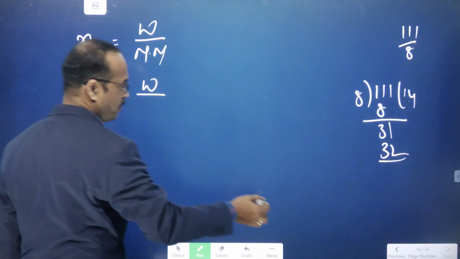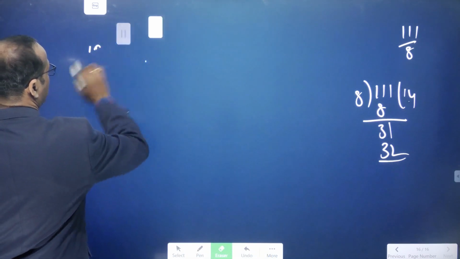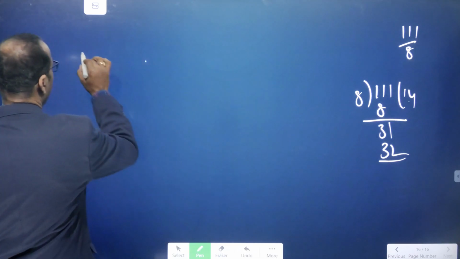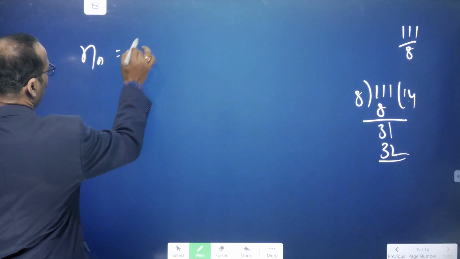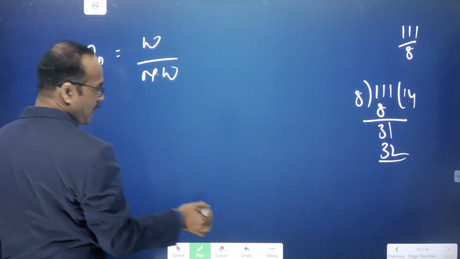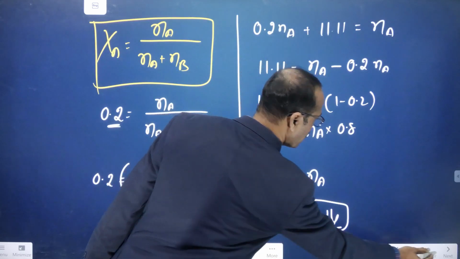sorry, one minute, I've made a little mistake. Okay, so number of moles is equal to weight by molecular weight of Na. Number of moles, what I got here? 14 I got here, right?